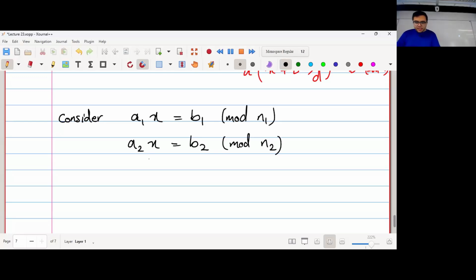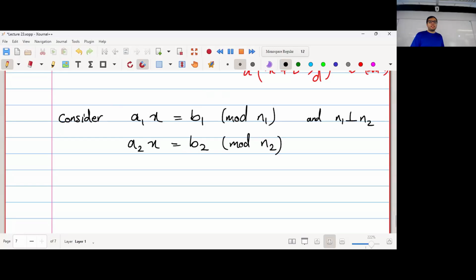And to make the matters a little bit easier, let's say that the GCD of N1 and N2 is 1. So N1 is relatively prime to N2. I want to solve this. And I'm going to even make it easier. Let's say that each one of these equations has only one solution.